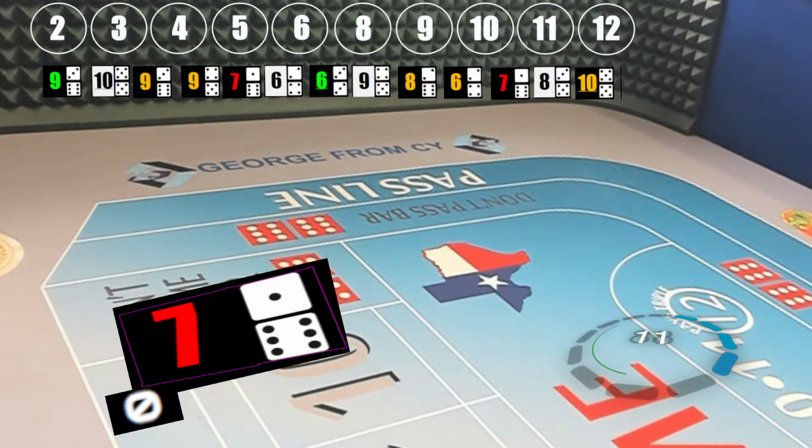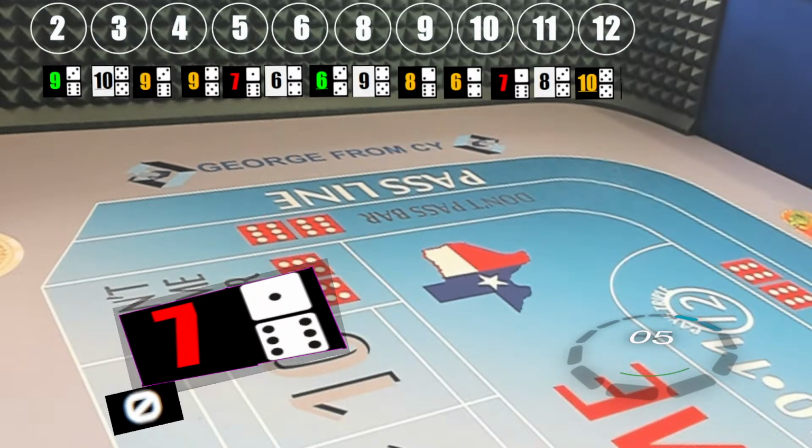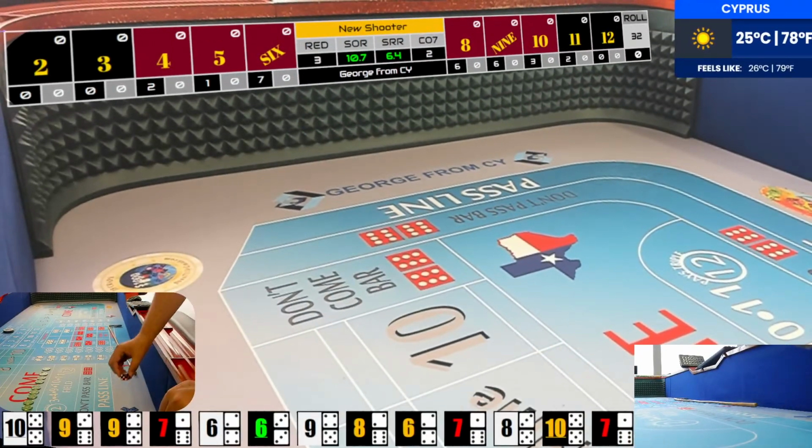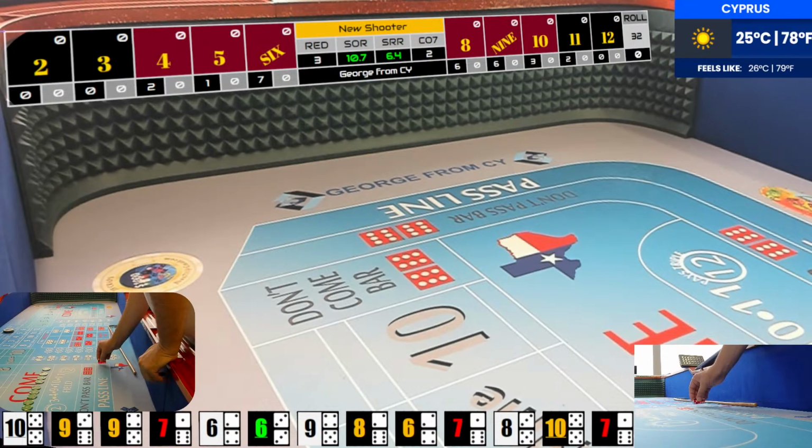It's just quarter turn 1 die. 6, 3, 2, 6. That's it.